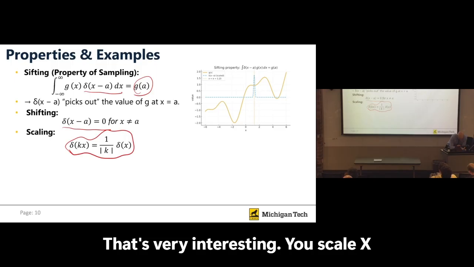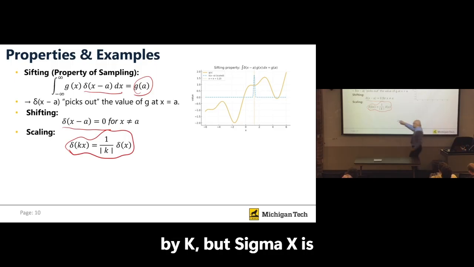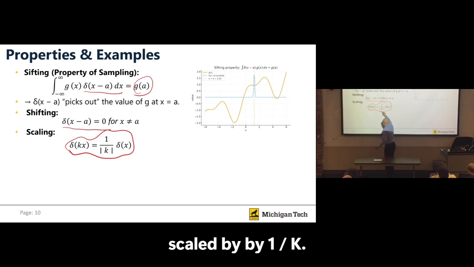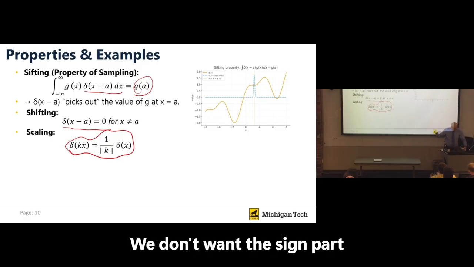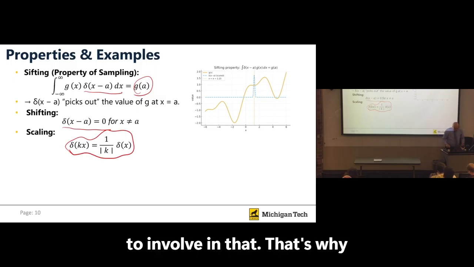That's very interesting. You scale x by k, but delta of x is scaled by 1 over k. However, we don't want the sign part to be involved in that. That's why we put that.